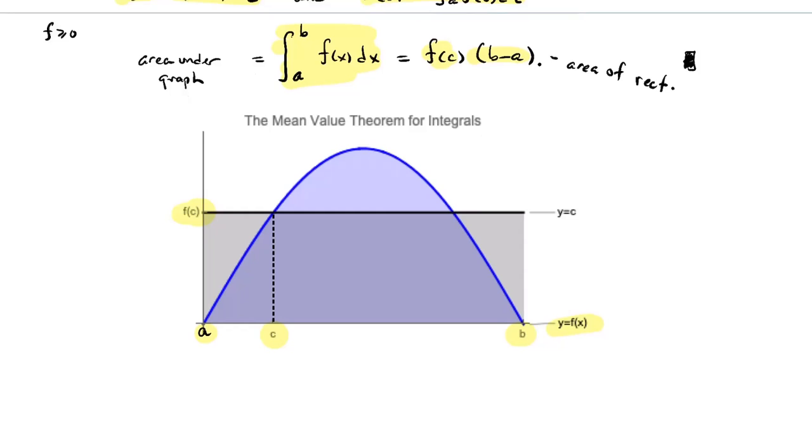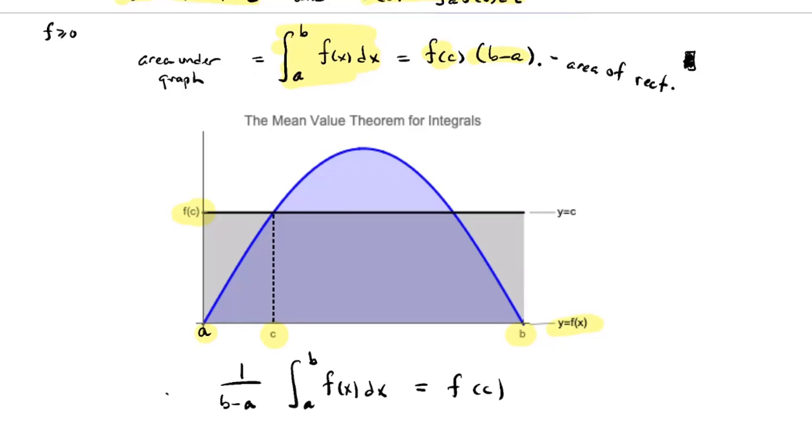If I rearrange this equation, if I divide both sides by b minus a, which I can do because we already said that b is not equal to a, then another way of algebraically stating what the mean value theorem for integrals says is that expression.